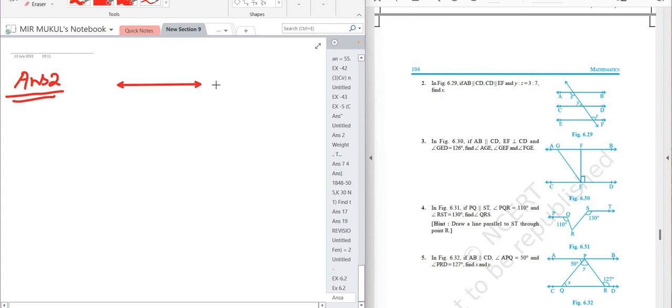So draw the figure. This is one line. And this is another parallel line. One more line parallel to it. And here one transversal line.